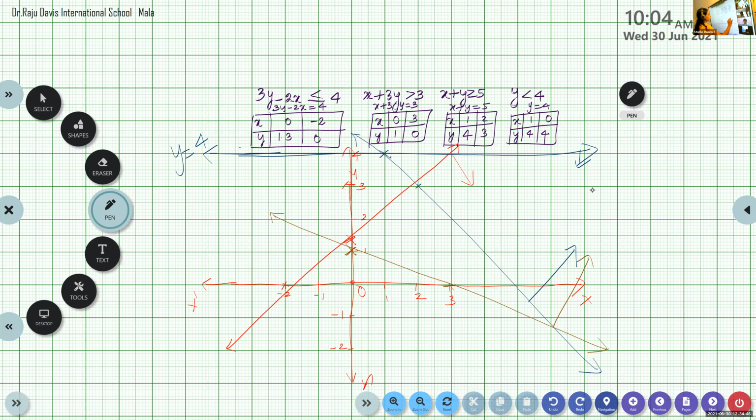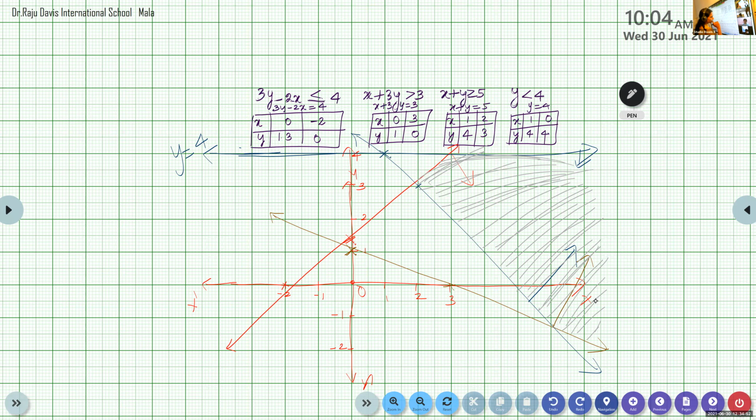When I shade this, is it clear there? Can you see that shaded one? I am shading it with a very light ash color. Is it clear? Yes, ma'am. Okay, there you can do it with the pencil. Some slight shading is enough.